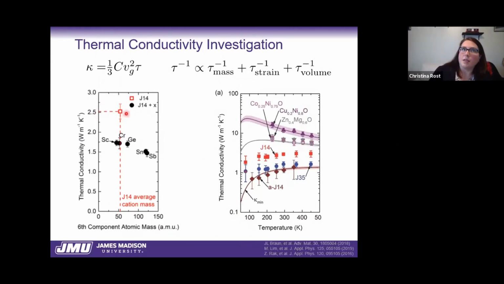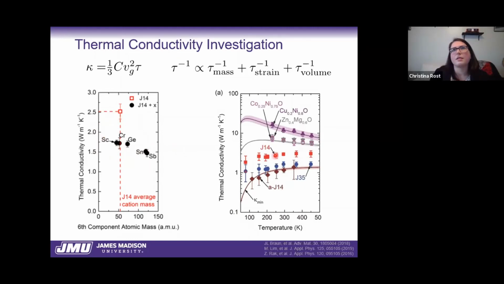But the interesting thing here is this addition of chrome. Chrome has a very similar atomic mass to the average, right? It's right in the middle of the first row transition metal elements. So that brings up the point as to what could be happening in the chrome system such that we still have this decrease in the thermal conductivity.